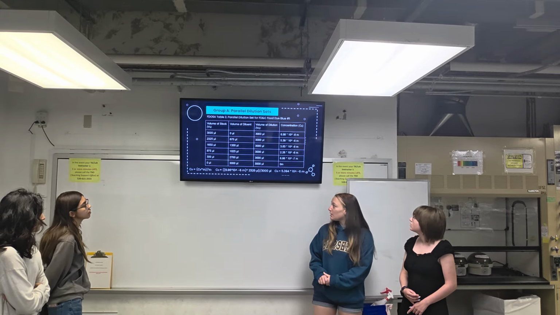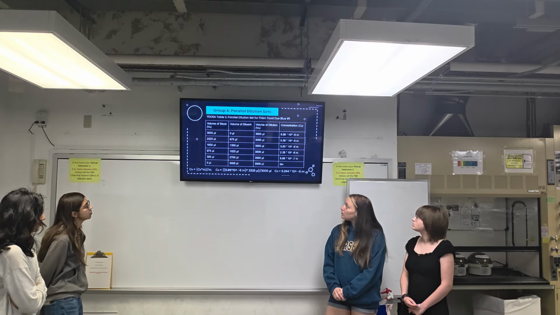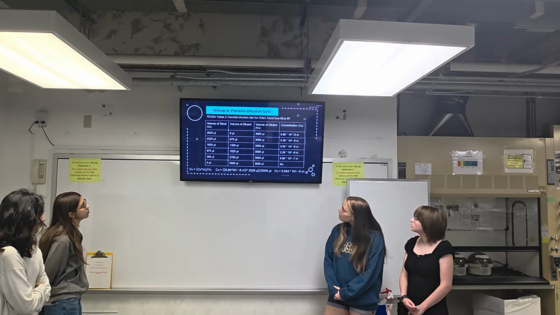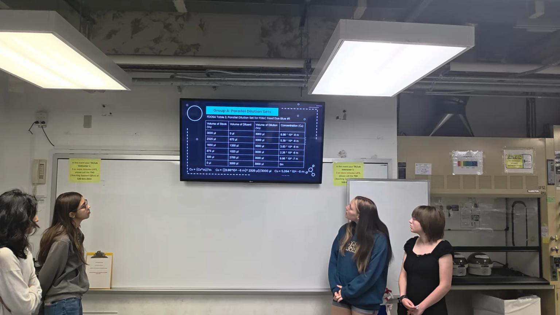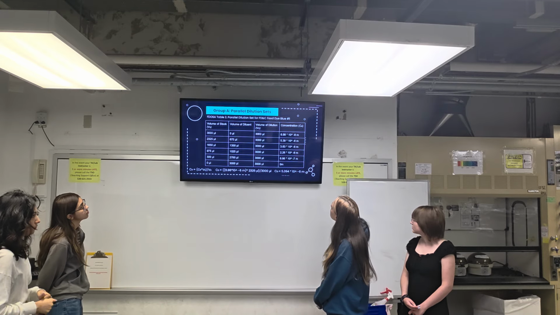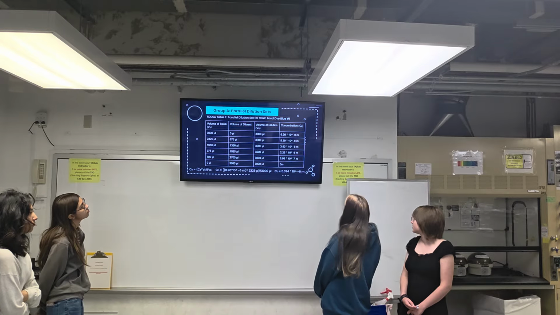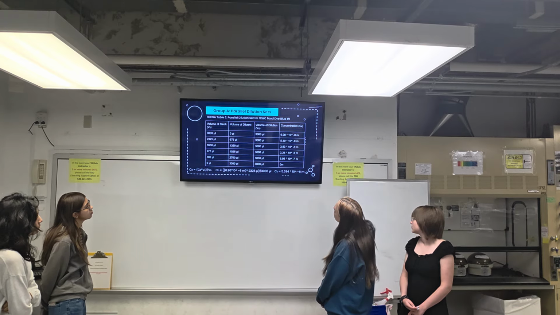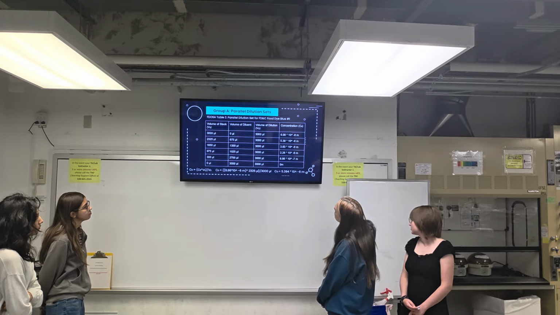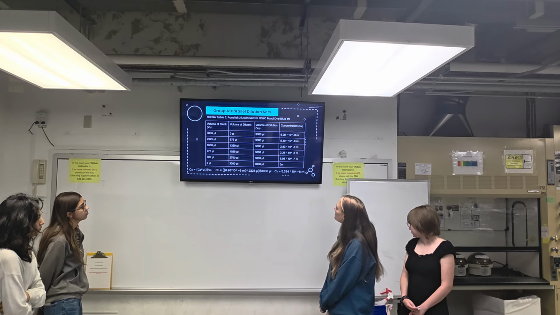So for blue, this was our example. We had the concentration of the dilution, CD, which is equal to the volume of the stock multiplied by our CS, the concentration of the stock, so for our blue.